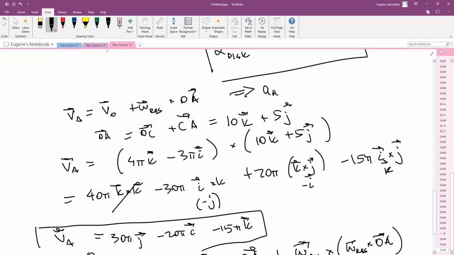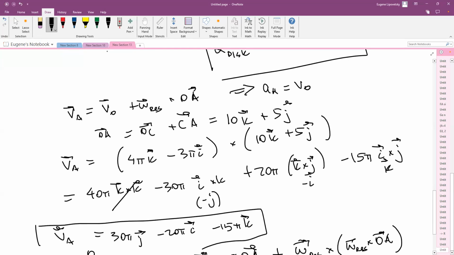Acceleration of A equals V naught dot, which is of course 0, plus alpha resultant cross OA plus omega resultant cross omega resultant cross OA.